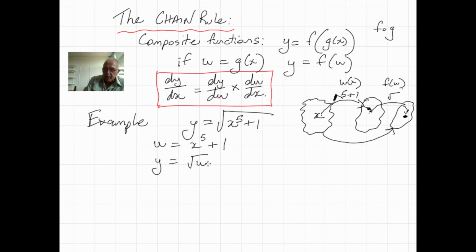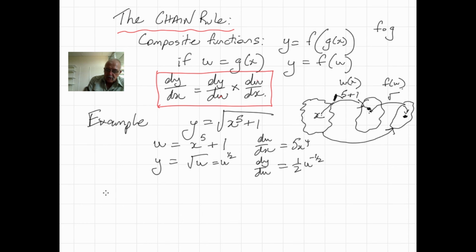So if u is equal to x to the 5 plus 1, then du dx is equal to 5x to the fourth, the derivative of the constant is 0. Now we've got to find dy du. Square root of u is u to the half, so dy du is equal to half u to the minus a half.